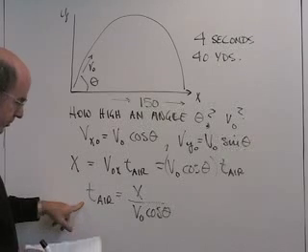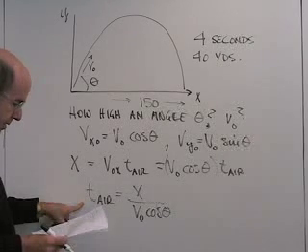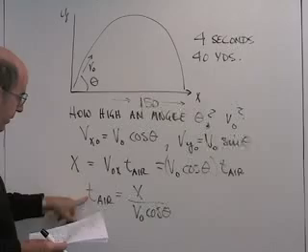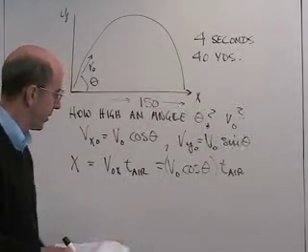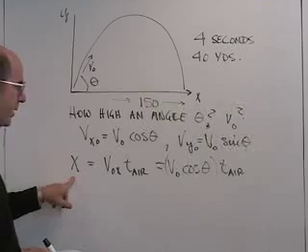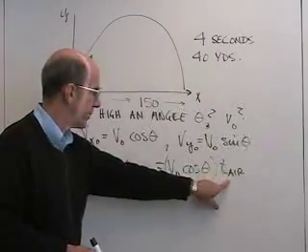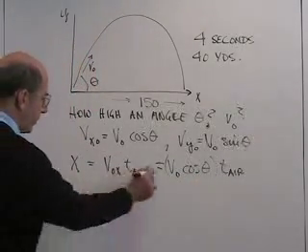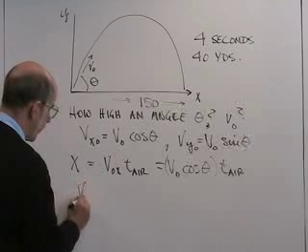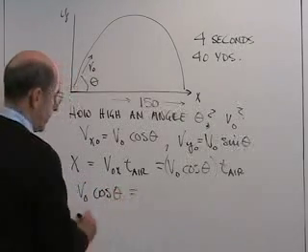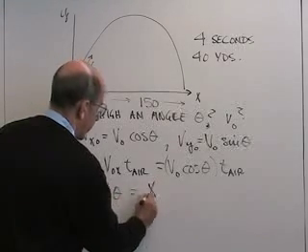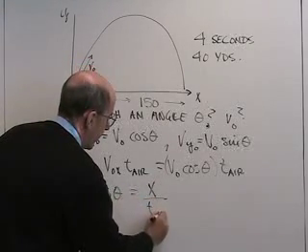All right, so let's see what we have here. Excuse me, I should have written this a little bit differently. We know the distance we have to travel. We know the amount of time we need to be in the air, so we can solve this for V0 cosine theta. This says that V0 cosine theta is equal to x over the time in the air.